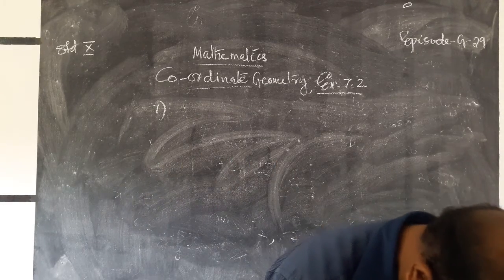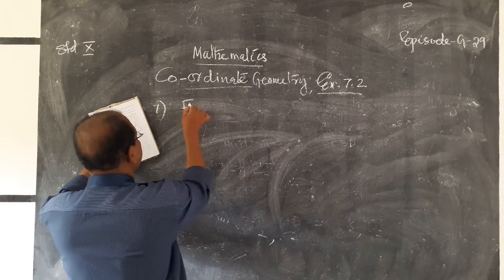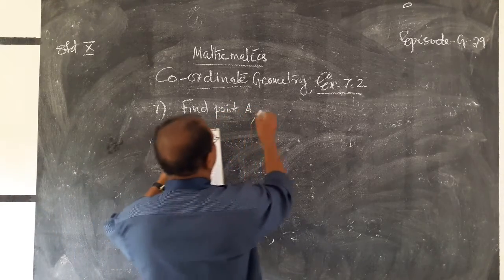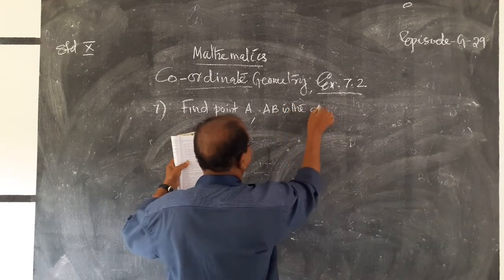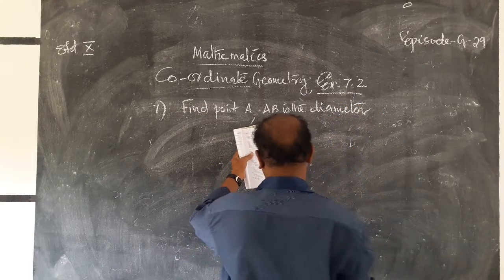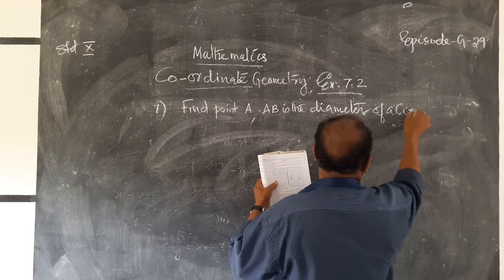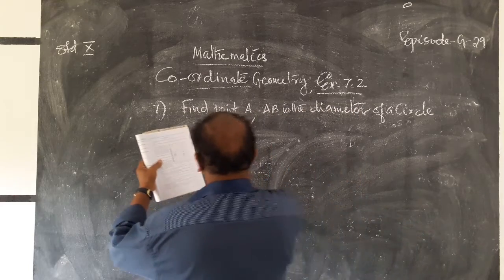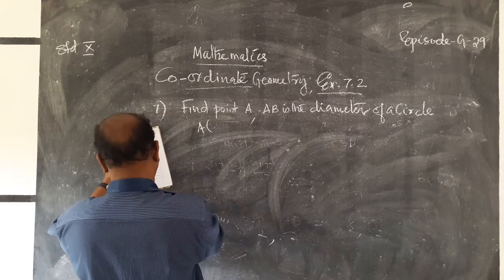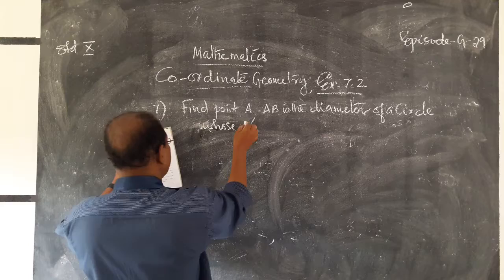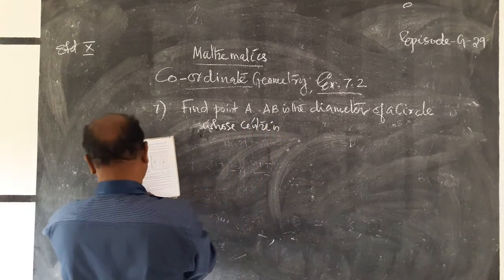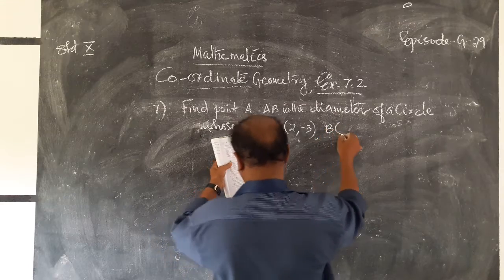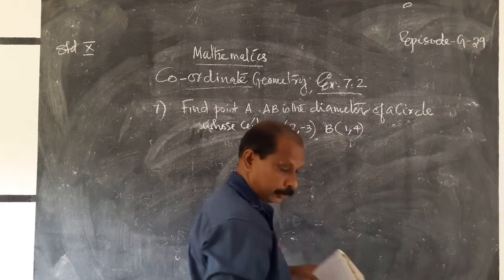Find the point A, where AB is the diameter of a circle whose center is (2, minus 3) and B is (1, 4). That is the 7th question.